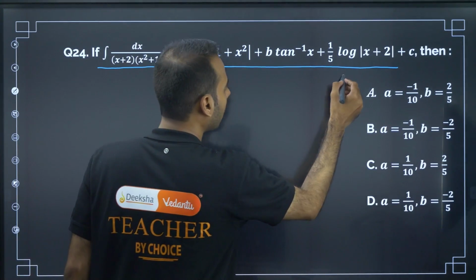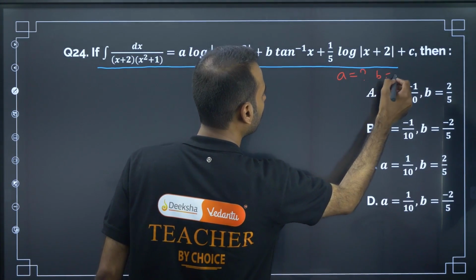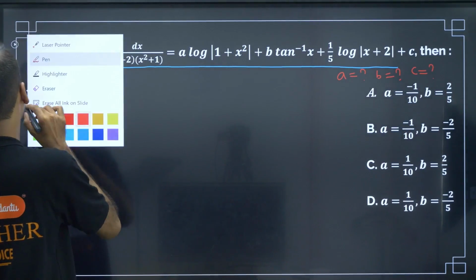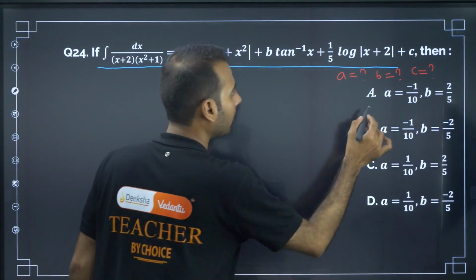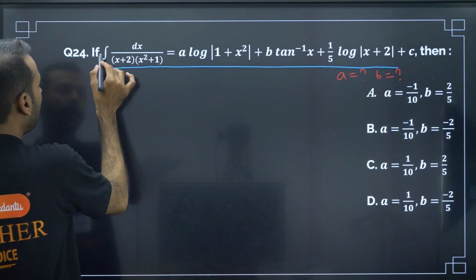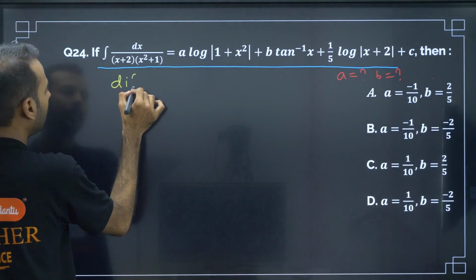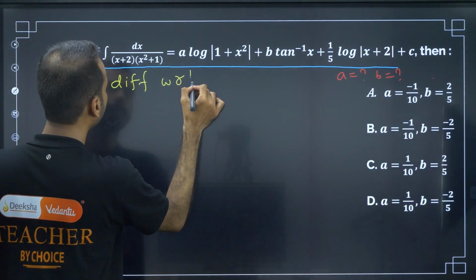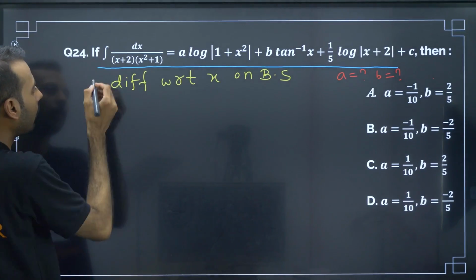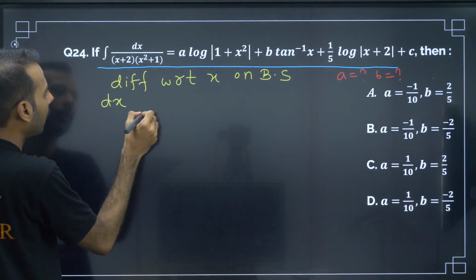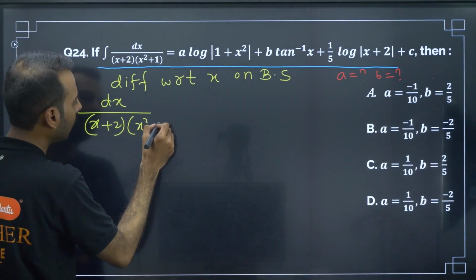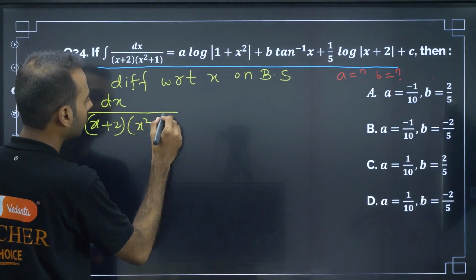They are asking A, B, C, no, not C, only A and B. They haven't asked C. So here there is integration, to remove this I will differentiate with respect to x on both sides. So if I am differentiating, this becomes dx divided by x plus 2 x square plus 1.